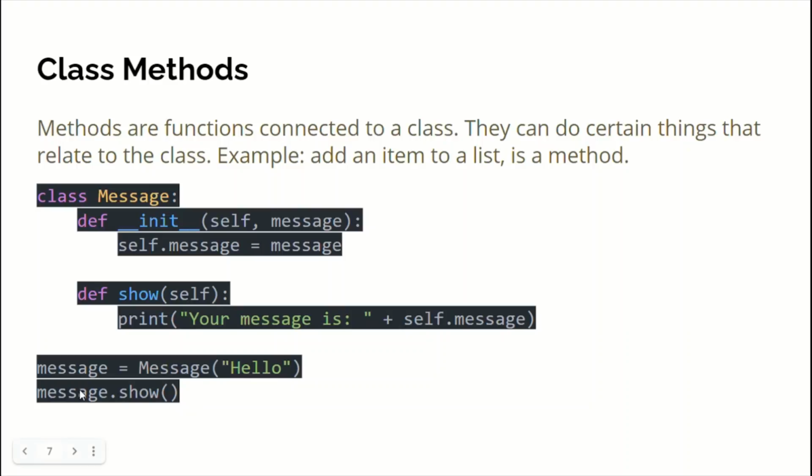So what we do is we just need the instance name, which in this case is message, and then we need a dot, and then the name of the function, which in this case is show. So message.show, and then we need the parentheses. So when we run this code in the console, it's going to print out your message is hello.